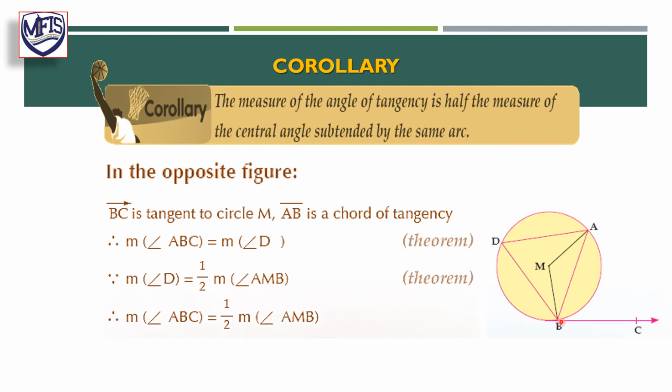It also equals half the central angle subtended by the same arc AB, and also equals half the measure of arc AB. Again, measure angle ABC equals measure angle D, the inscribed angle subtended by arc AB, equals half the measure of the central angle AMB subtended by the same arc AB, and equals half the measure of arc AB.